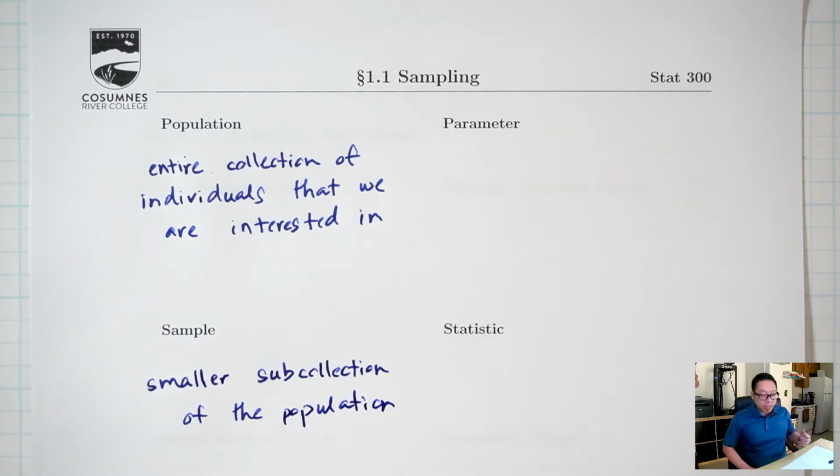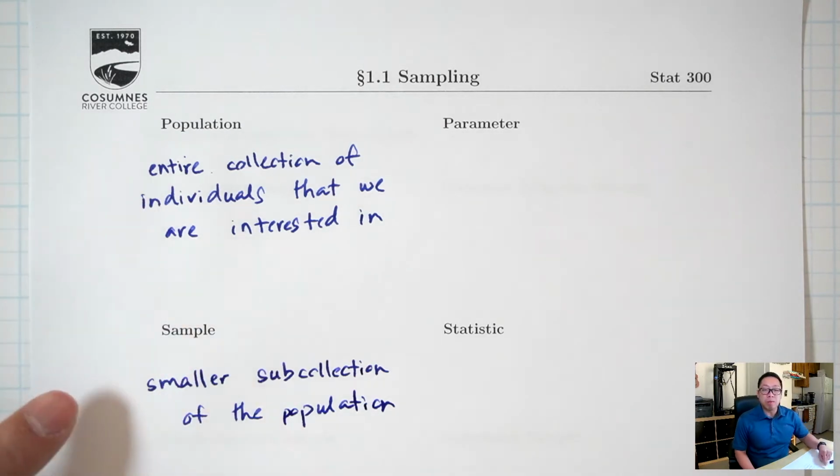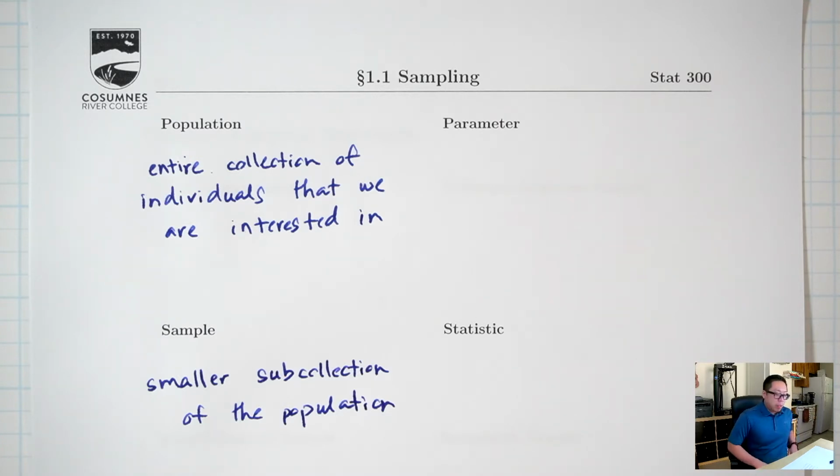Instead of collecting data from everybody, because we can't, we're going to collect data from a smaller sub-collection. Now, what do you do after you get the data? Well, after you have the data, you're going to do some sort of calculation. You're going to maybe calculate the average, or maybe calculate the percent.